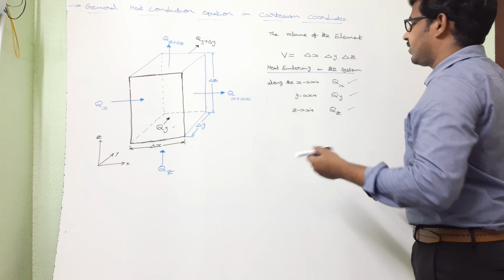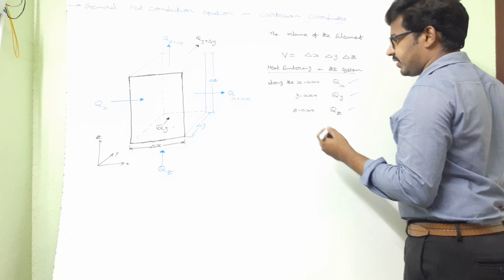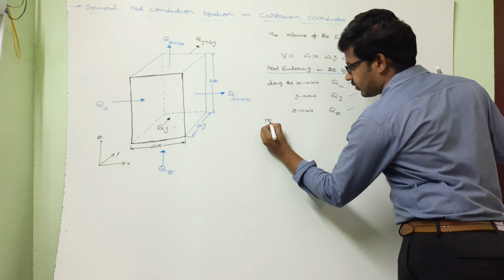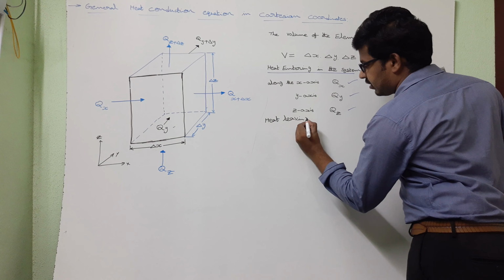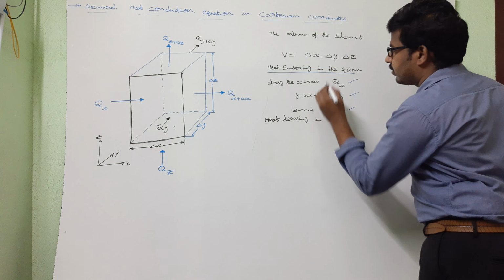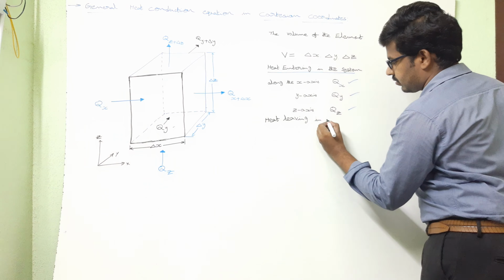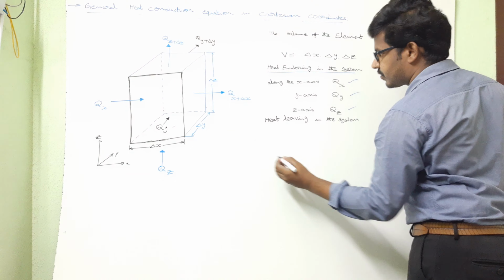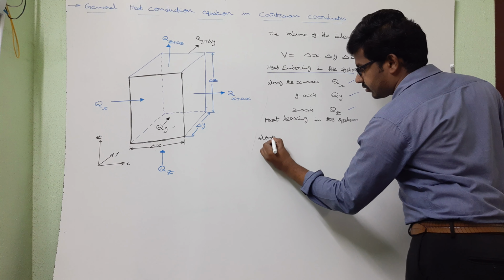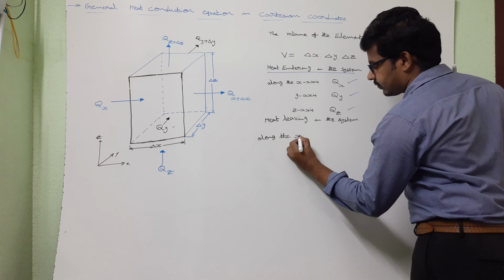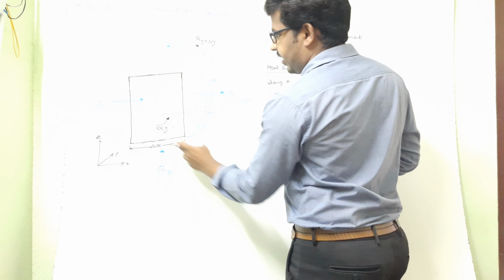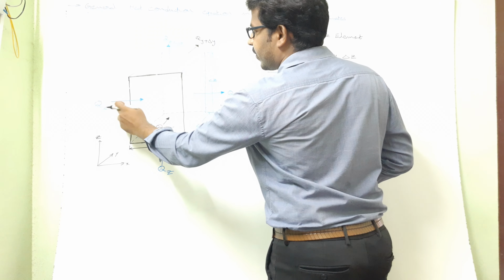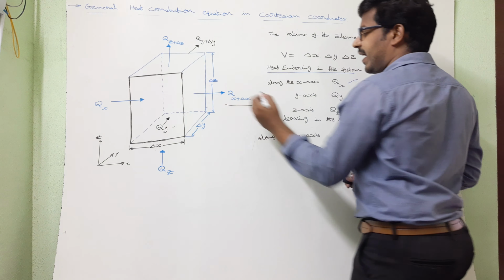And heat leaving the system. Along the x-axis, this is heat input qx, and heat leaving qx plus dx.